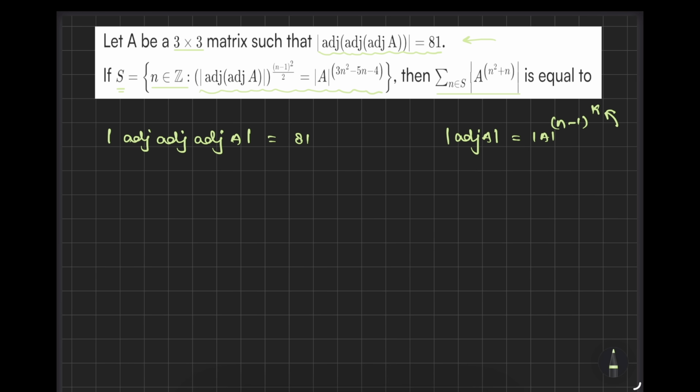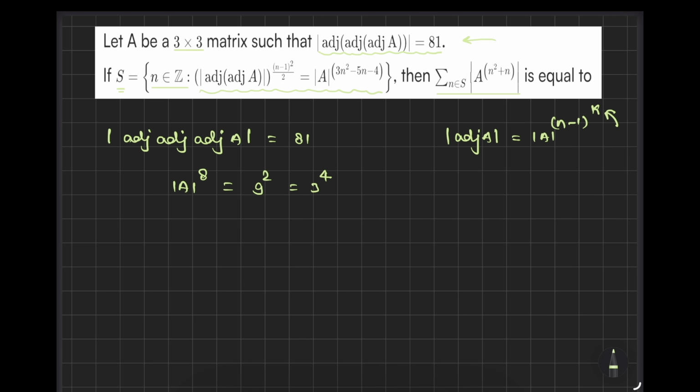Okay, now can I update this equation by writing determinant of A to the power 2, to the power 3? So this thing will become 8. Okay, now this has to be equal to 9 squared, or 3 to the power 4.